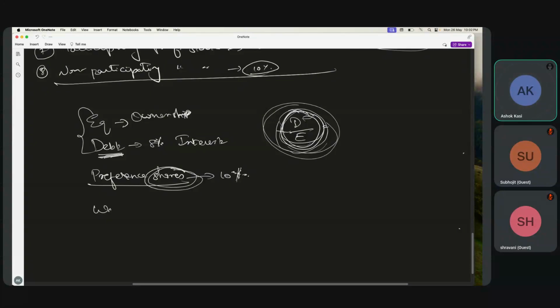Then why warrant? Now, what is warrant? Imagine the company is in a situation where it has come just out of some scam or negative news, all such things. Now it cannot raise capital from the public because people are not going to trust this company.